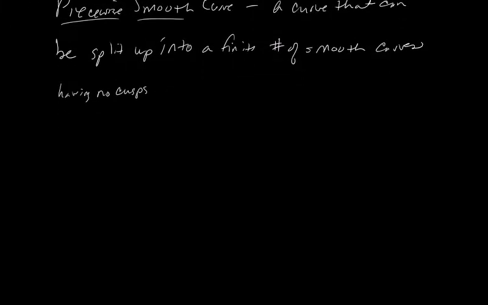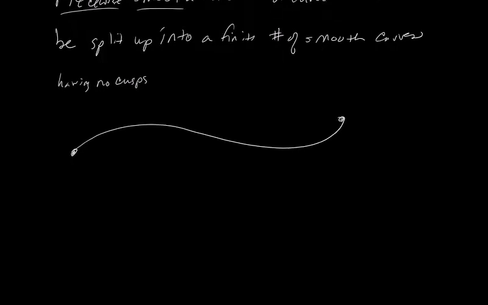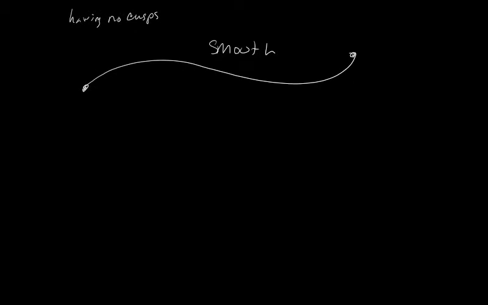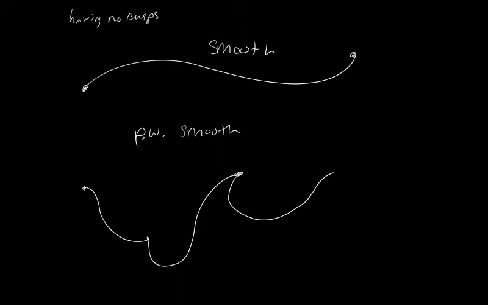So for example, this is a smooth curve, no cusps, right? That's smooth. Piecewise smooth, so PW for piecewise. A piecewise smooth curve means that it's got some smooth stuff, and then it might have some weird points, but it's got a finite number of those, right? Ooh, that's not even a function. Let's try again. But it's got a finite number of those, okay?